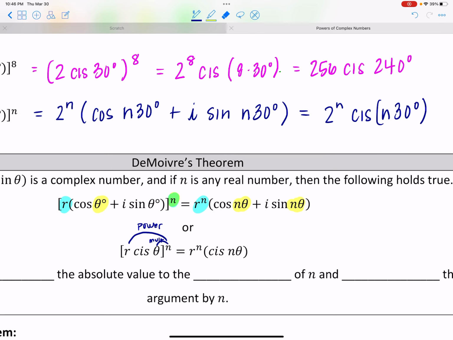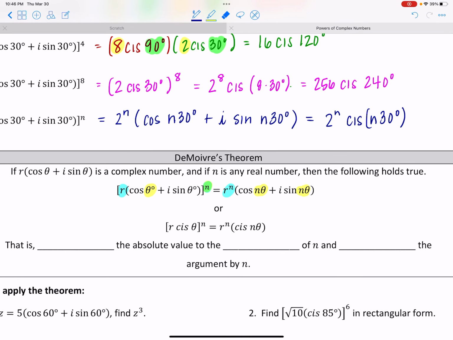Okay, so in short, if you're raising a complex number in polar form to a power, we're going to raise the absolute value, remember that's the radius, to the power of n, whatever n is, and we're going to multiply the argument by n, whatever that nth power is.